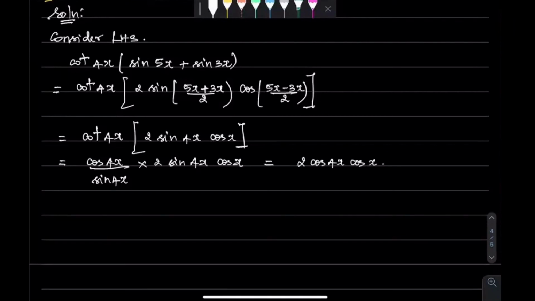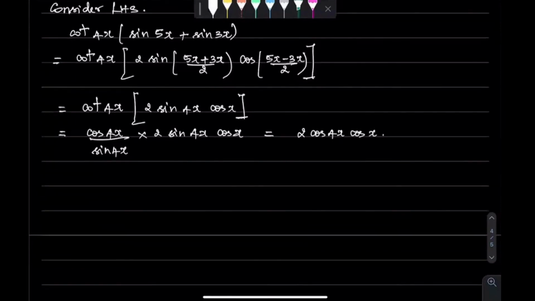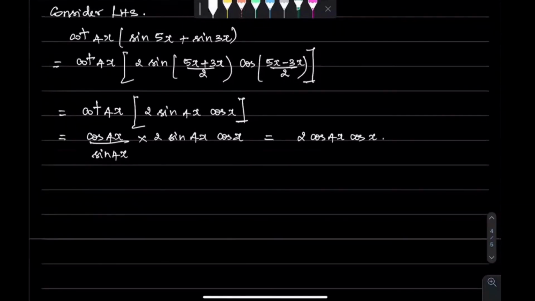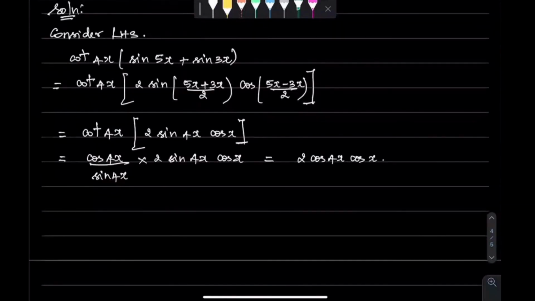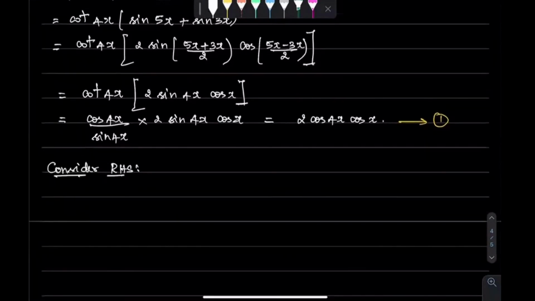If you want the answer, you can still do it by going through the reverse process, but you don't have to do it. You can simply consider the RHS and simplify that to this form again. Consider now RHS. What is your RHS? Cot x into sin 5x minus sin 3x.